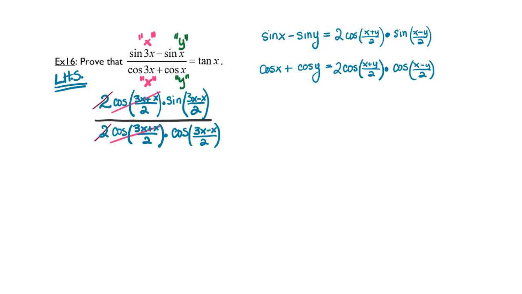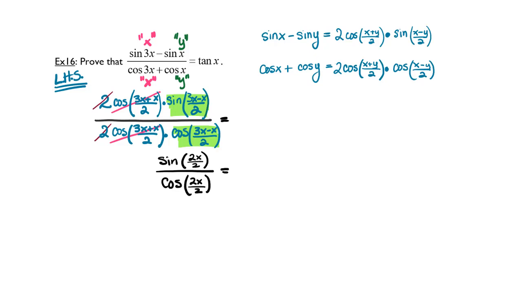I am now left with a very convenient numerator and denominator. So I will go ahead and rewrite that now. I have sine of 3x minus x over 2, which will give me 2x over 2, divided by cosine of 3x minus x over 2. This will give me 2x over 2.